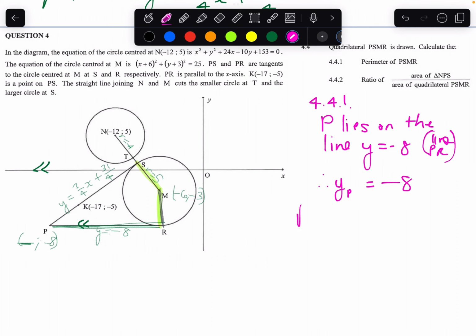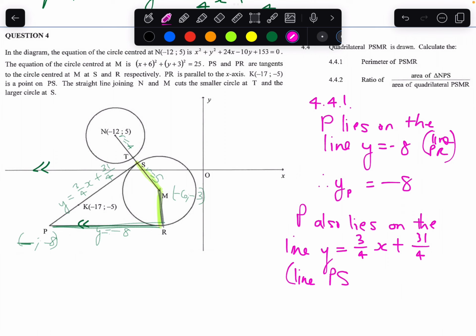We also know that P also lies on the line y is equal to 3/4 x plus 31/4, because that is the line PS. And so therefore -8 is equal to 3/4 x plus 31/4.